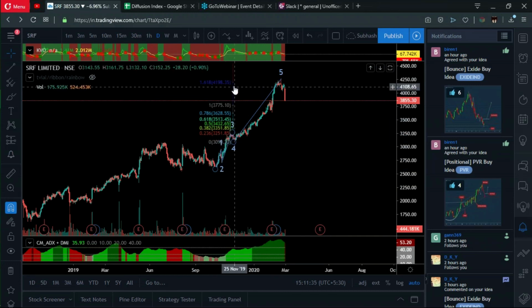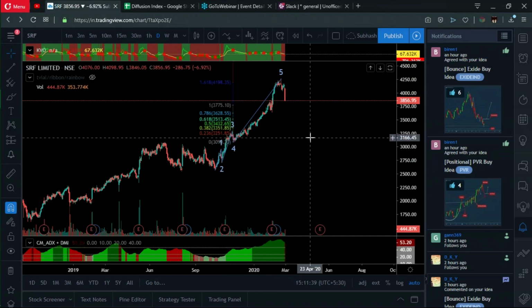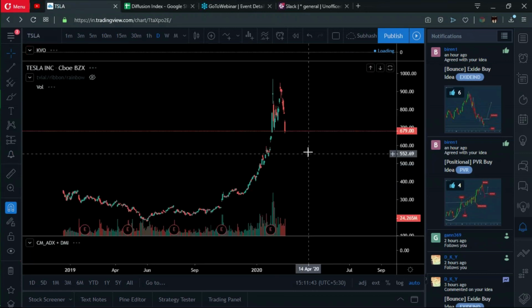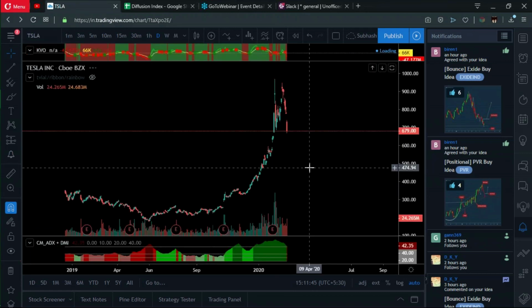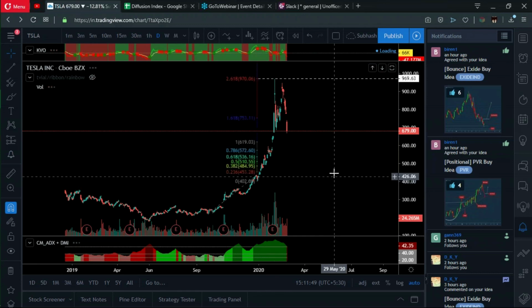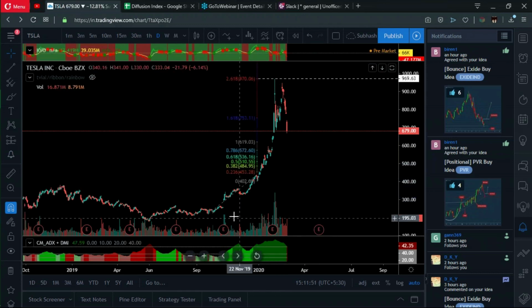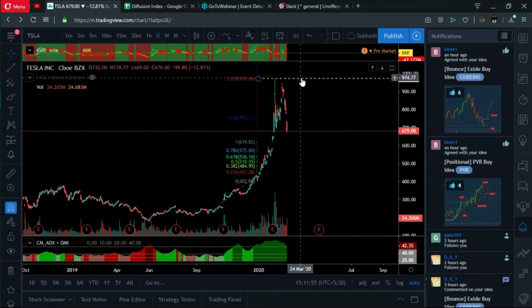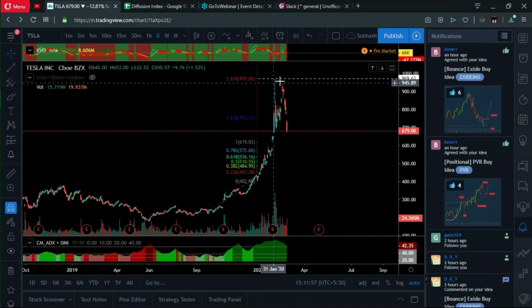So this one came around 1.618. Another fib hit. Somebody had told me that I had calculated wrongly, but the fib came quite correctly at 2.618 at the height.